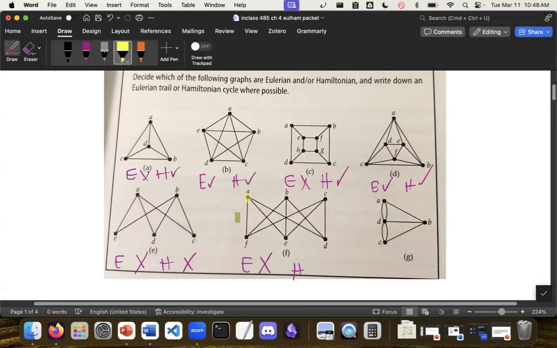Whoops, no. Sorry, there's a button on my pen that erases it, which is too easy to press. Yeah, that's one possible Hamiltonian cycle. So, yes.